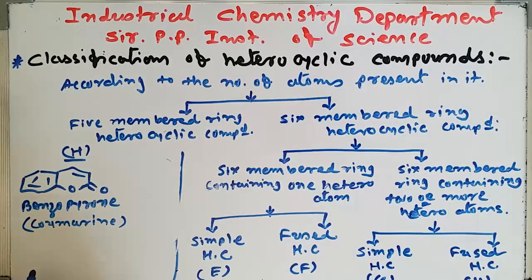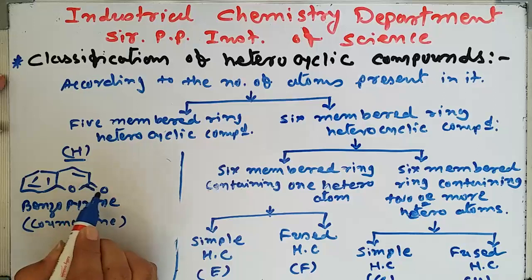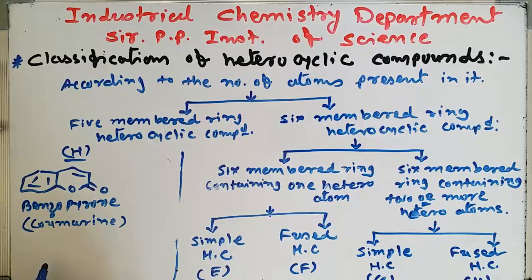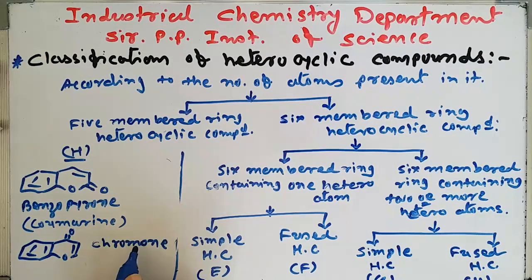So this is coumarin, and if the position of this oxygen atom is in the fourth position, it is known as chromone, or benzo-gamma-pyrone.